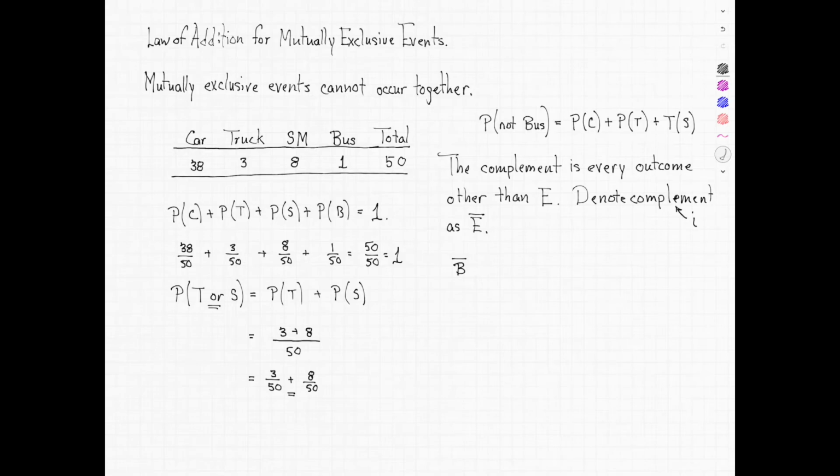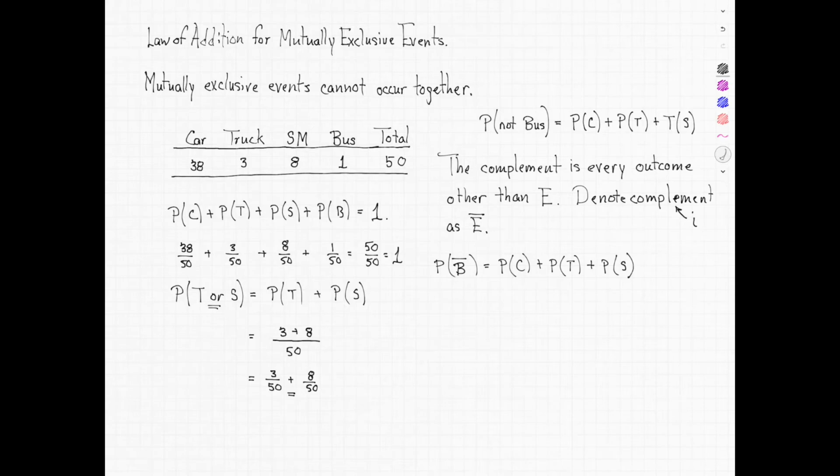Notice what we said earlier. So the probability of not the bus is equal to the probability of the car, probability of the truck, probability of an SUV. Now, you can add all those up, and it's not too hard in this example.